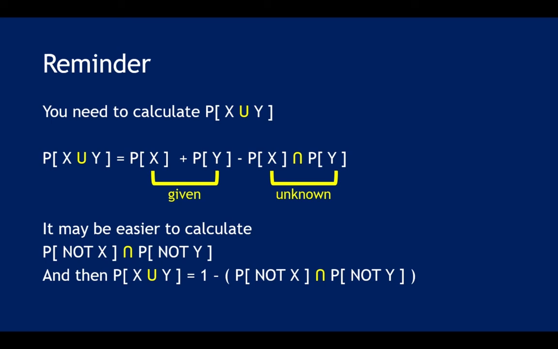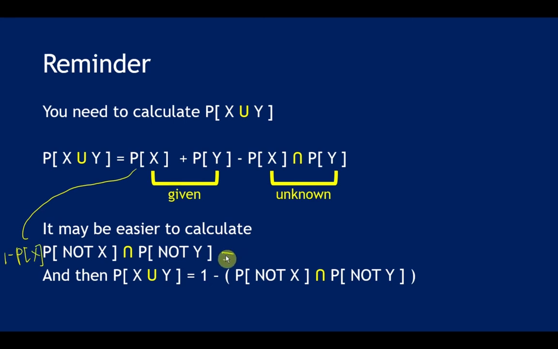However, there's an easy trick to get around that issue. It's easier to calculate the probability of not x and the probability of not y. And we can usually assume that these two are independent, so you can just calculate these two probabilities and multiply them together to get the intersection between the two. So the probability of not x is just 1 minus probability of x.